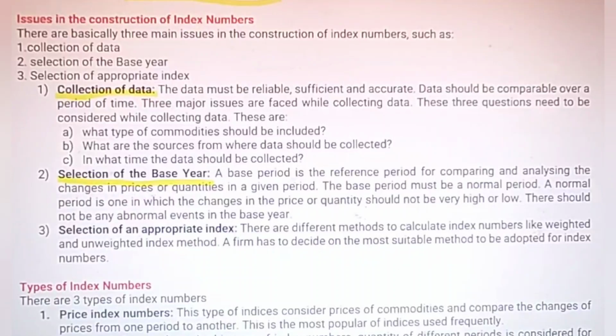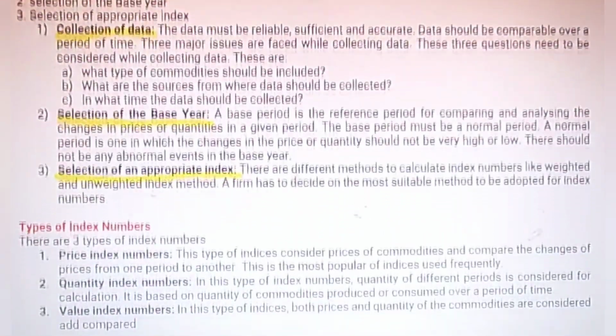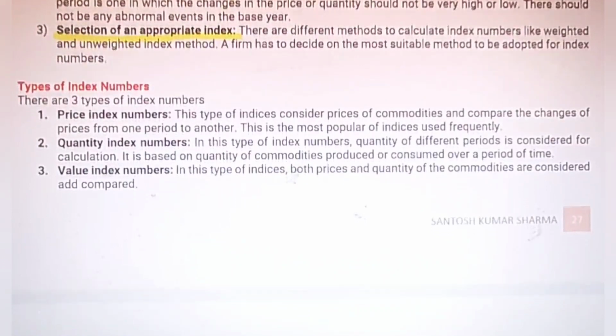It should not be an abnormal year. So it is very difficult to find out a base year for a company on the basis of which we can make comparisons. Okay, so the third problem is selection of an appropriate index. There are so many types of index numbers, and selecting a proper suitable index number is a very complex job.